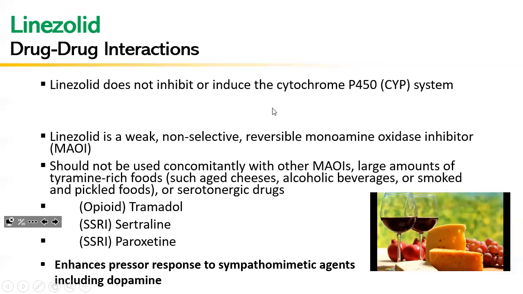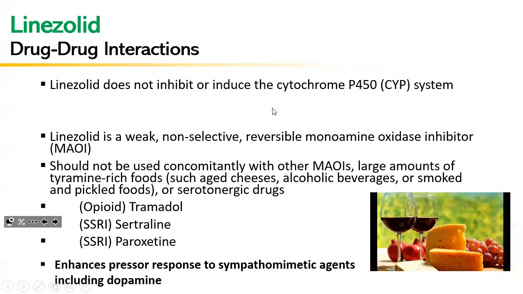Also, in the ICU, I observed that many patients admitted to the ICU receive pressors, the epinephrine, the norepinephrine, the dopamine. The patient will get very sensitized to the use of the pressors, maybe even requiring a lower dose compared to patients who are not on linezolid.